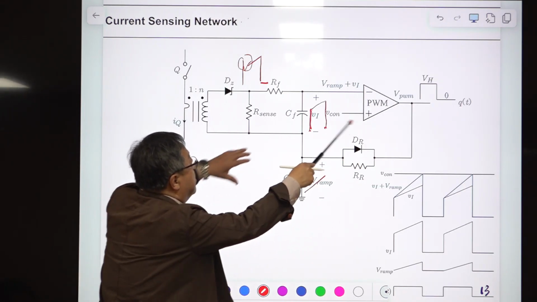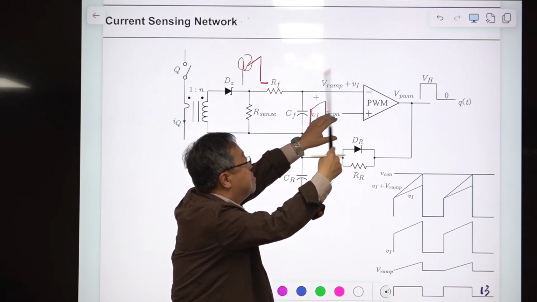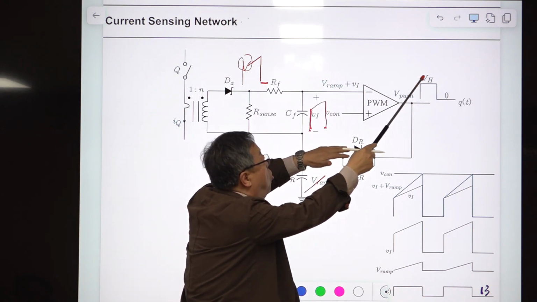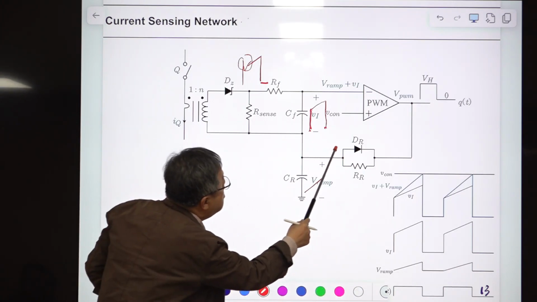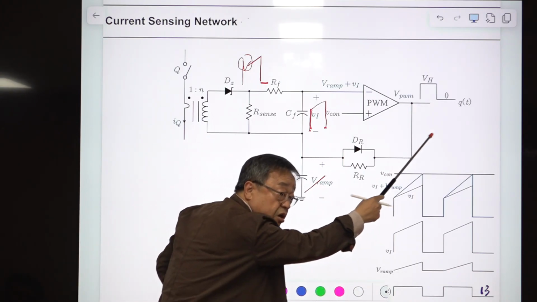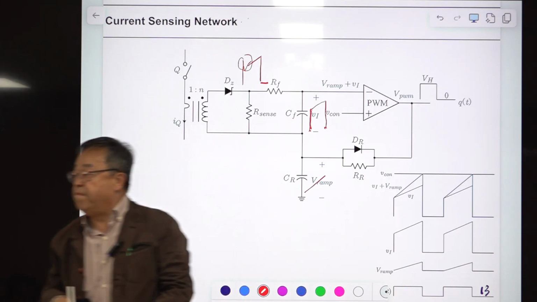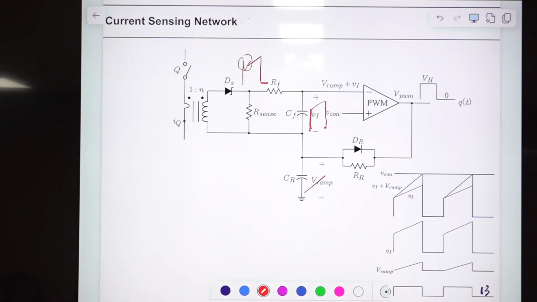When the PWM output becomes low, this is grounded. Then this charge will be discharged through this diode quickly, almost shorted, and reduced to 0. This is the external ramp, and this voltage is added.